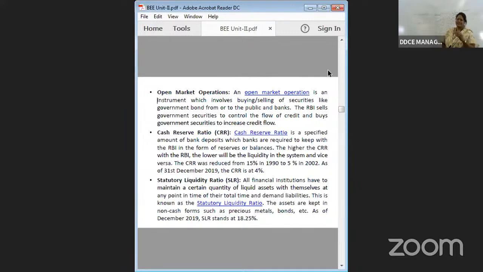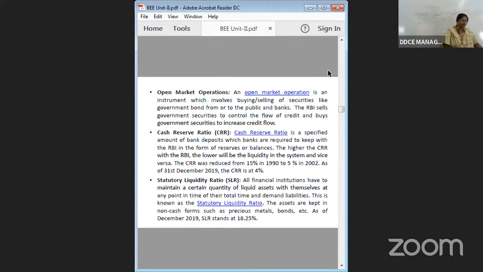The higher the CRR with the RBI, the lower will be the liquidity in the system, and vice versa. The CRR was reduced from 15% in 1990 to 5% in 2002. As of December 2019, the CRR is 4%.